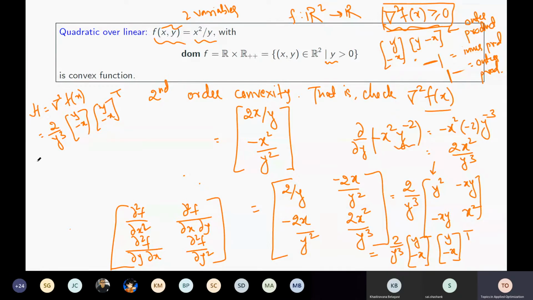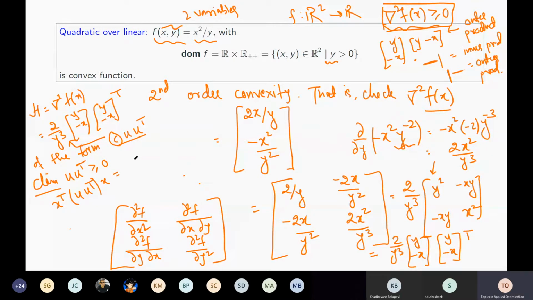So this is of the form some constant times u u transpose, where the constant is this 2 by y cube, and this constant is greater than 0 because y is greater than 0, and u is y minus x. So the claim is that u u transpose is greater than or equal to 0. It's positive semi-definite.